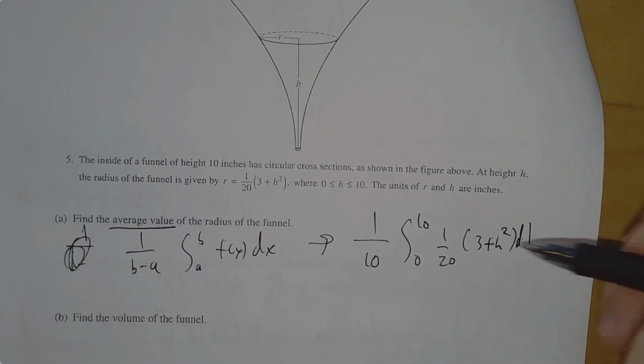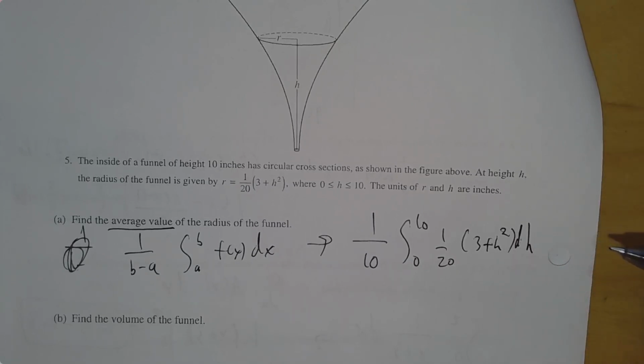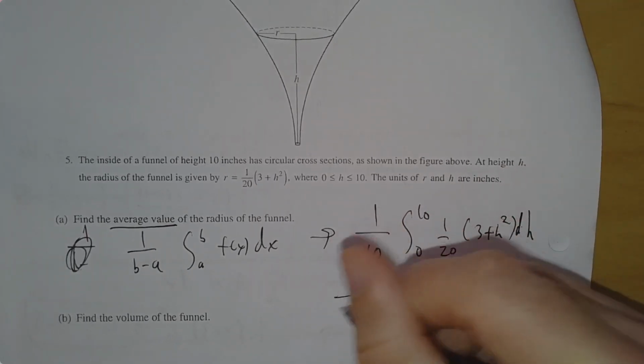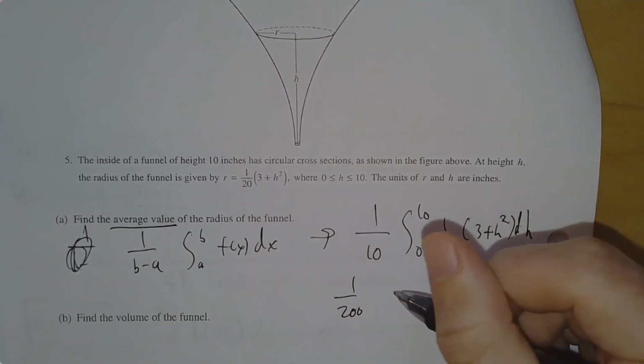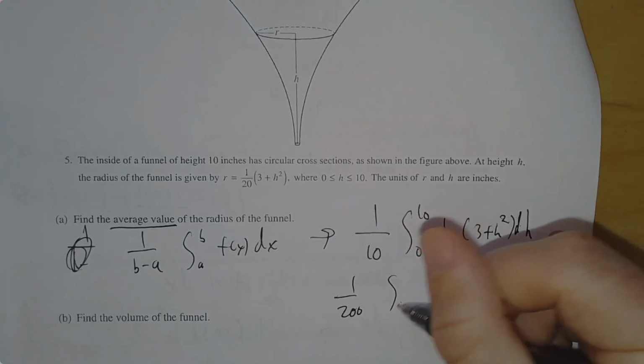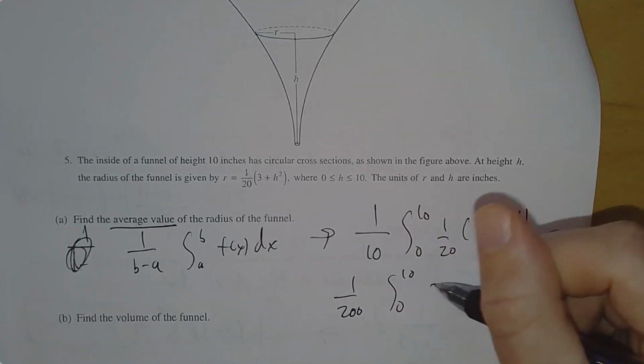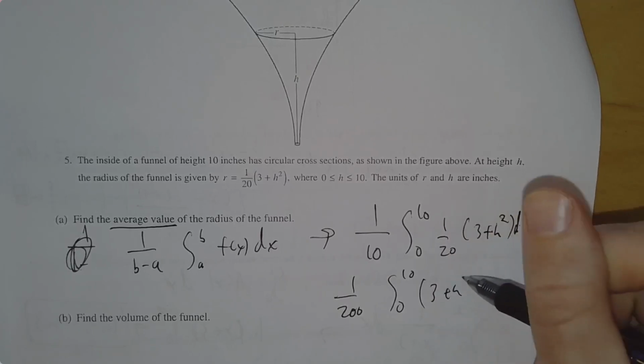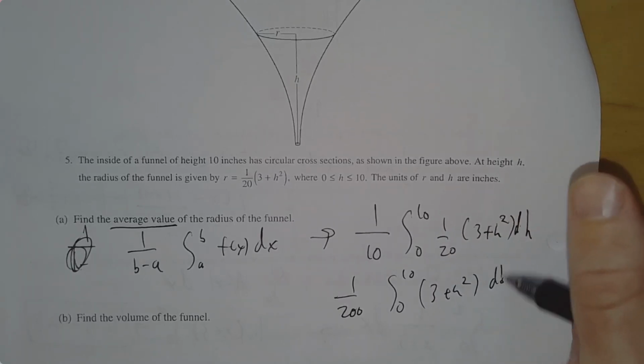Yeah, because that's got to match the variables. So we can take the 1 over 20 out, so it's going to be 1 over 200, integral from 0 to 10 of (3 plus h) squared dh.